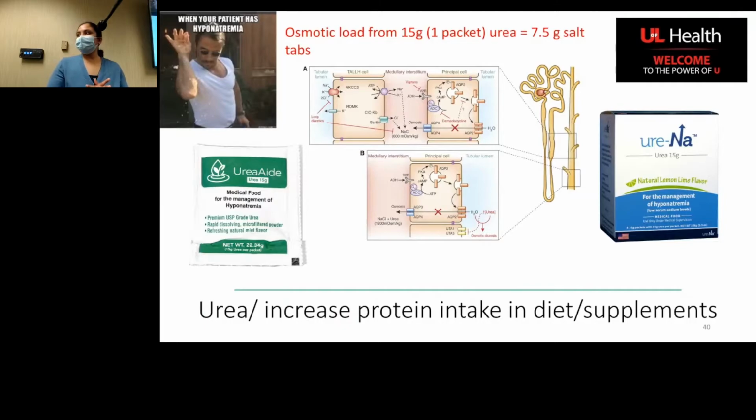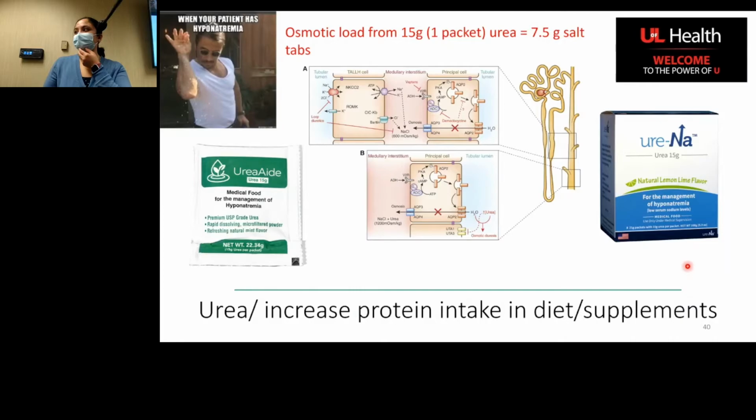And then there is when patients have, let's say, overall just poor osmotic intake, poor solute intake, then you can also give them urea, because salt tablets are really not very pleasant to take. So urea, again, we don't have it available in the hospital formulary, but it can be given as an outpatient.